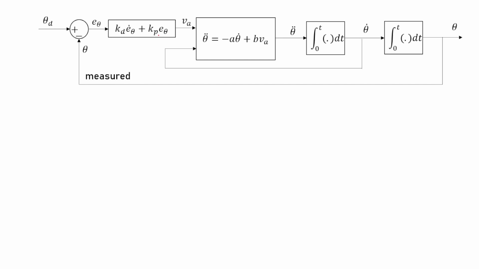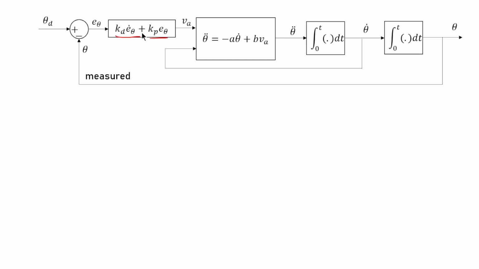This one is proportional and this one is derivative. This means that the way you compute the supplying voltage is the sum of a constant times error and a constant times the derivative of the error.